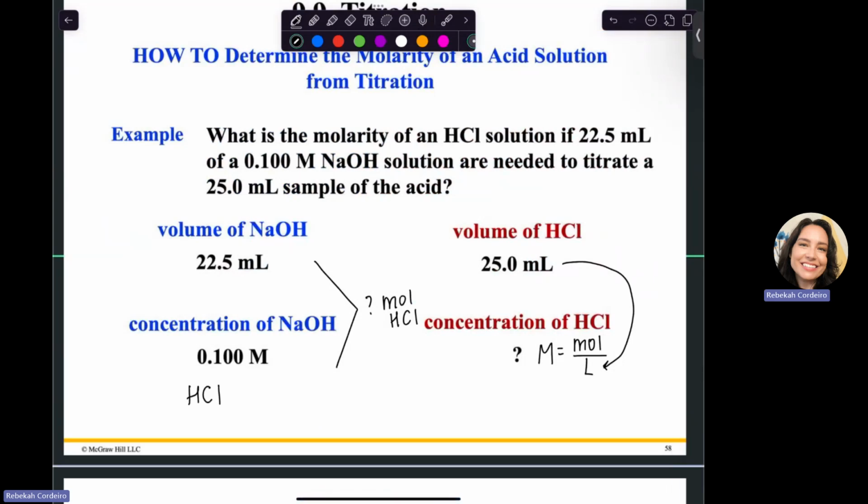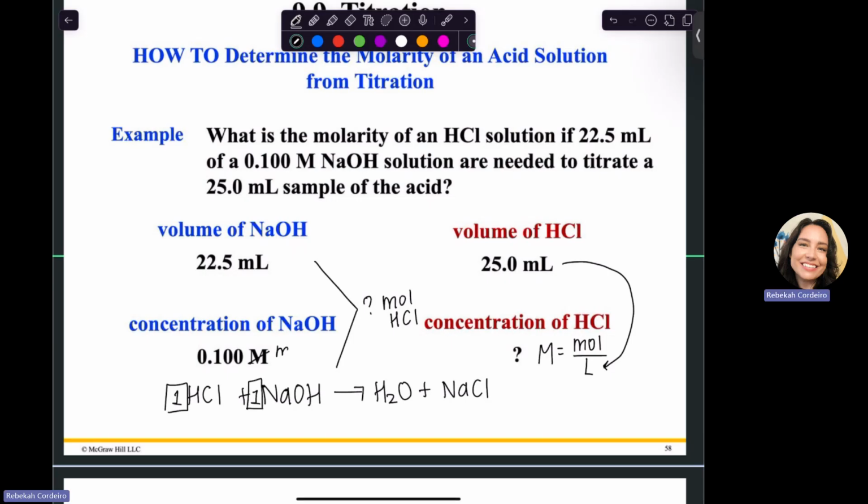So we have HCl plus NaOH. We do a neutralization reaction. Remember, this is a double replacement. So the H goes with the OH to make water, and the Na goes with the Cl to make NaCl. And this is balanced as is because it's just one of each thing. And if we want to find moles of HCl, we need to use a mole ratio. So it's 1 to 1 for HCl and NaOH.